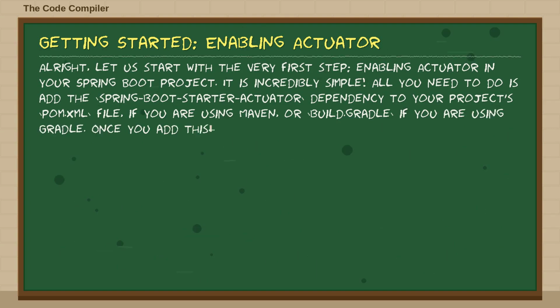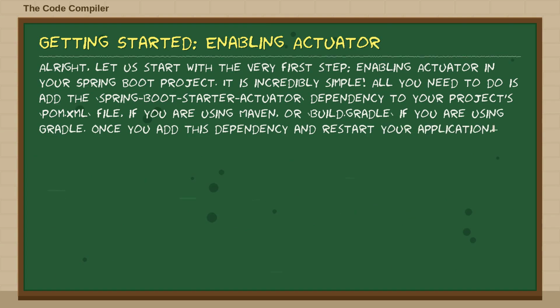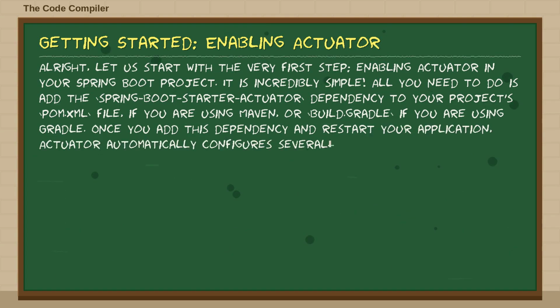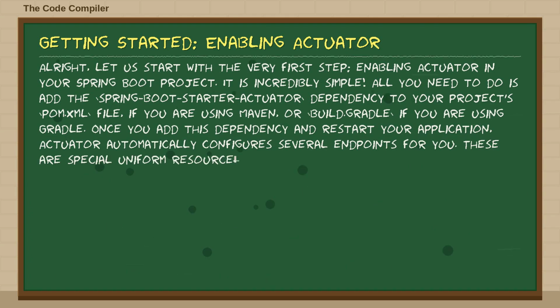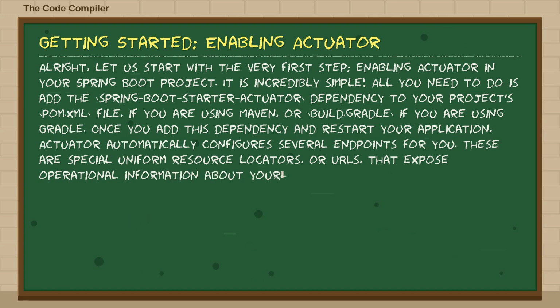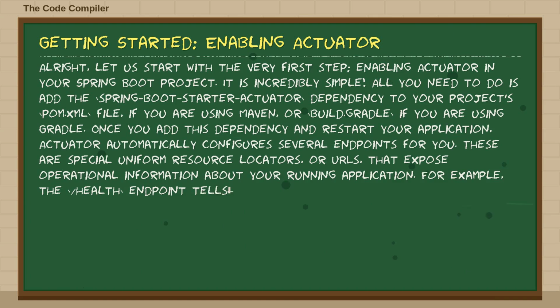Once you add this dependency and restart your application, Actuator automatically configures several endpoints for you. These are special uniform resource locators, or URLs, that expose operational information about your running application.